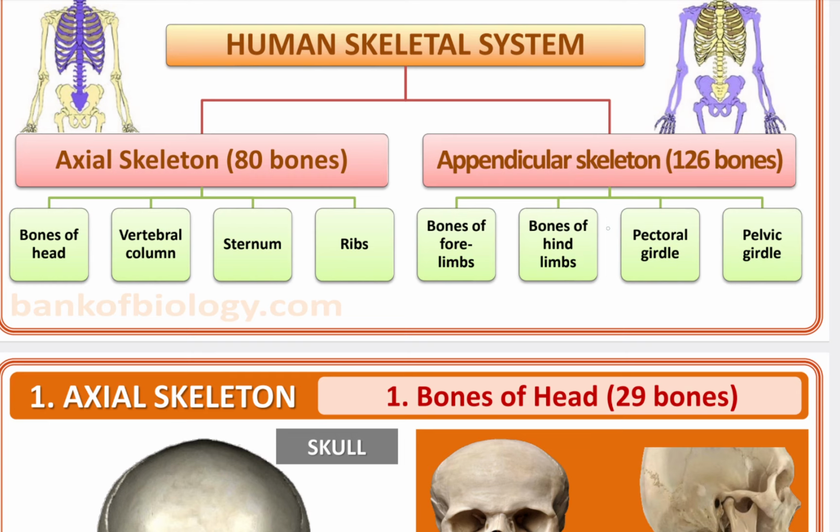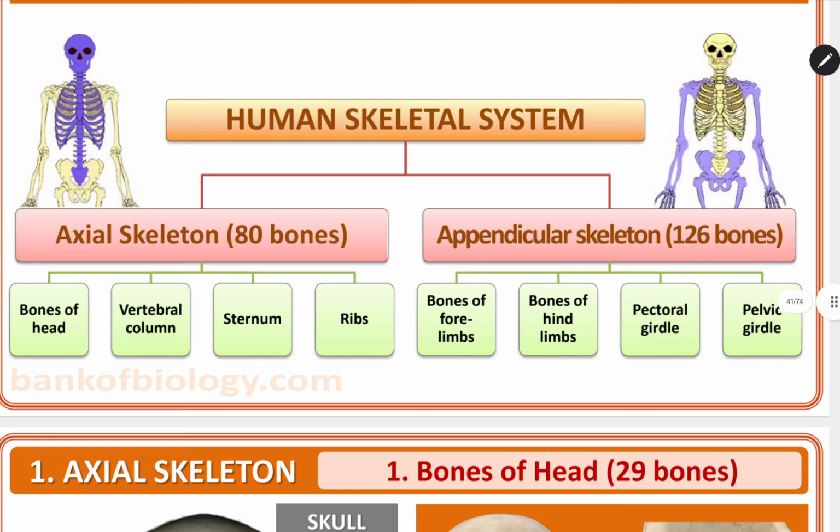The appendicular skeleton has bones of forelimbs, bones of hind limbs, pectoral girdle and pelvic girdle. See the diagram. The axial skeleton and the appendicular skeleton are marked in different colors here.